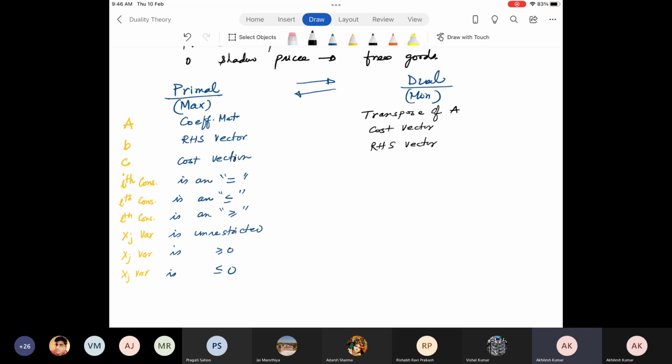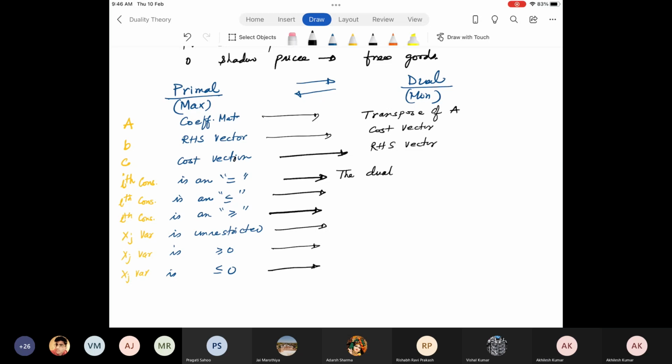If the primal problem's ith constraint is equal to, the dual variable yi is unrestricted.